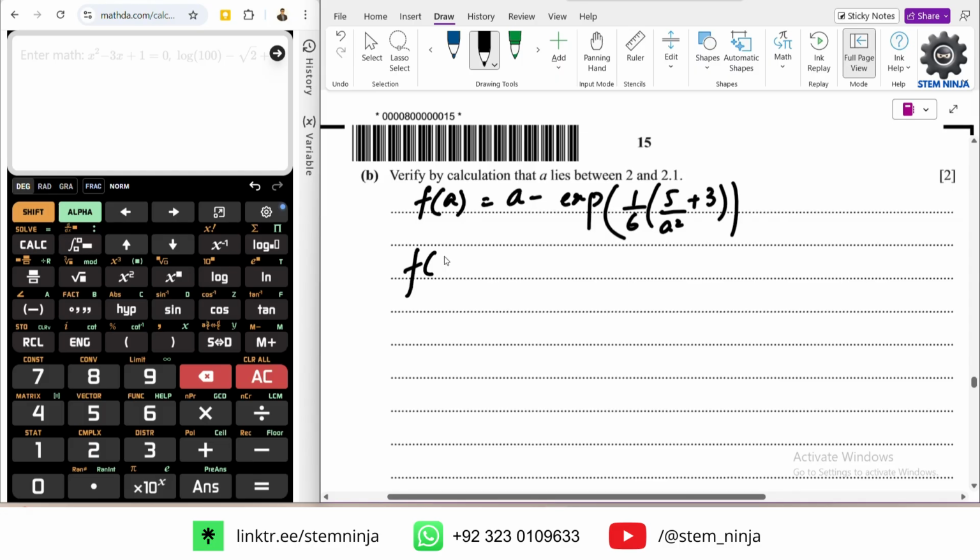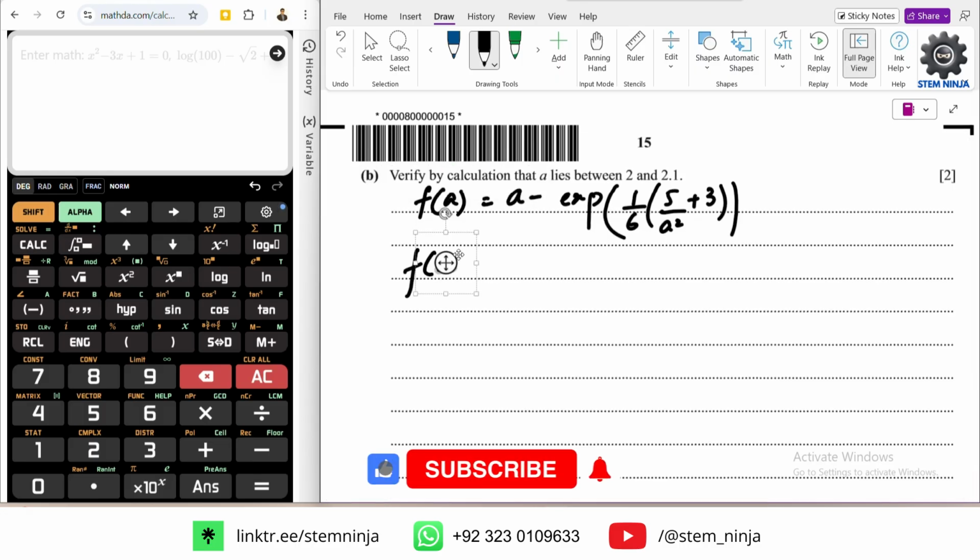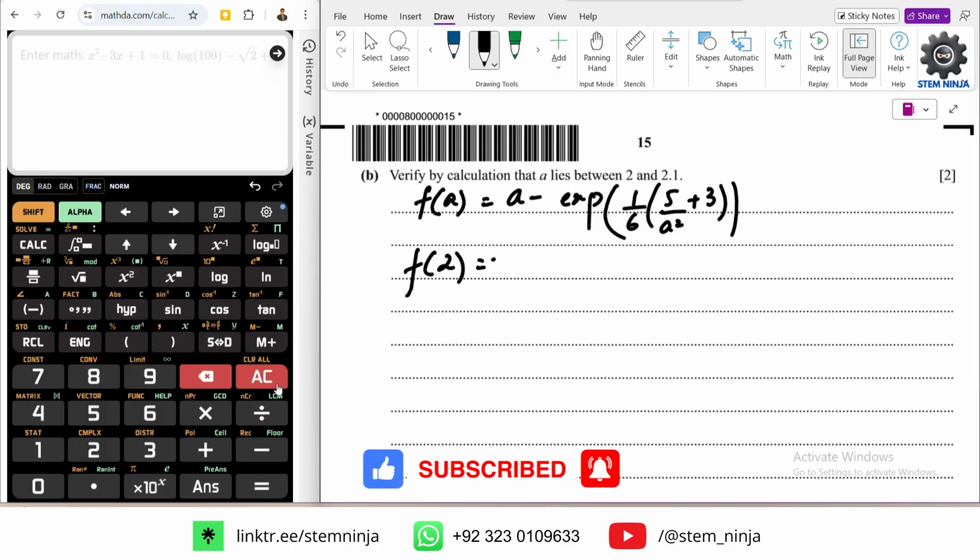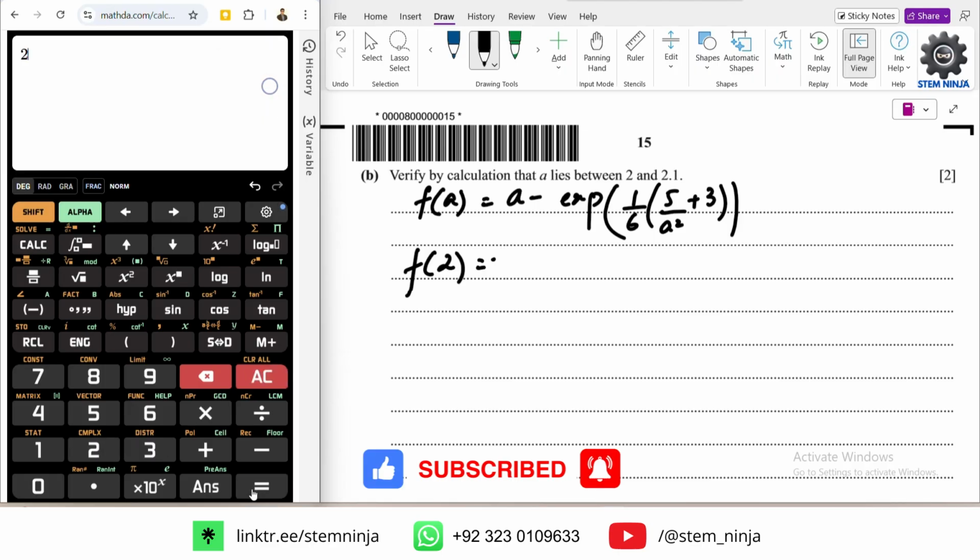So f of 2: first we store 2 as the answer, then we compute answer minus e raised to the power of 1 over 6 times 5 over answer squared plus 3.